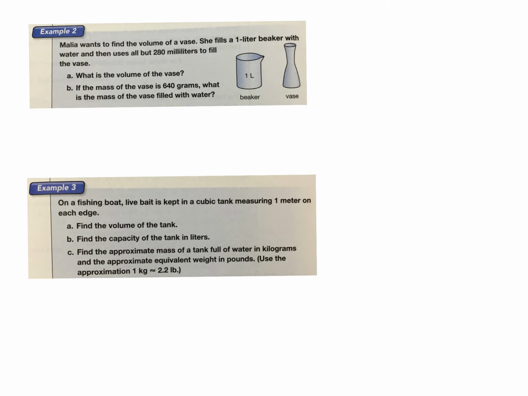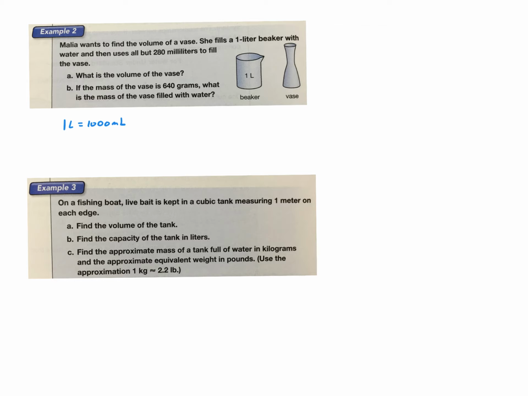Malia wants to find the volume of a vase. She fills a 1 liter beaker with water and then uses all but 280 milliliters to fill the vase. So first off, remember that 1 liter is the same thing as 1,000 milliliters.